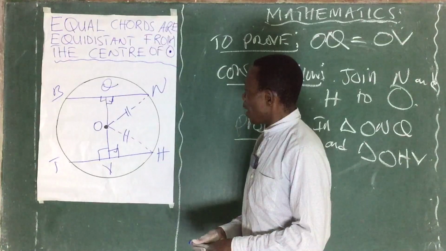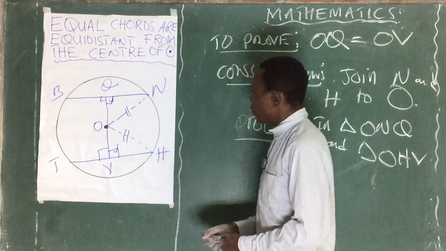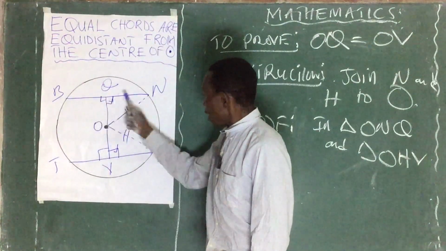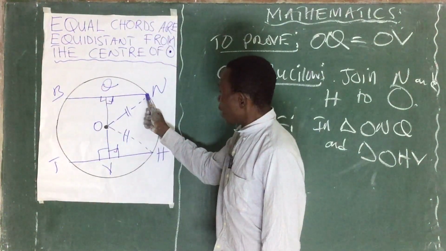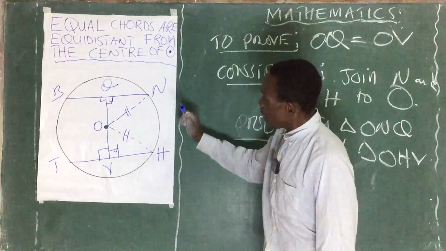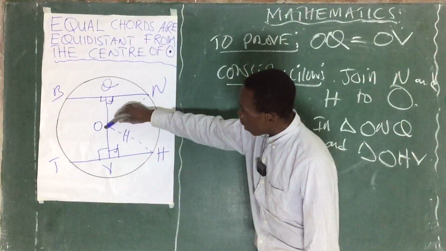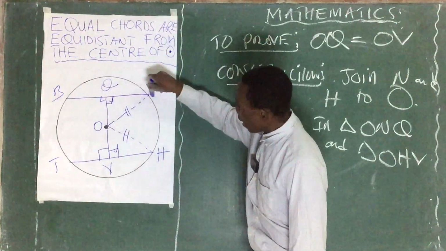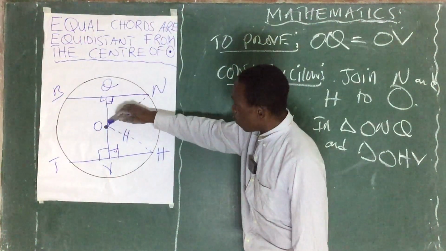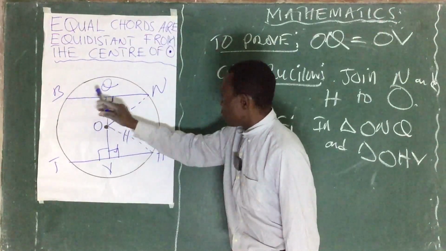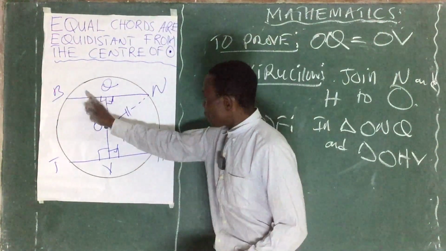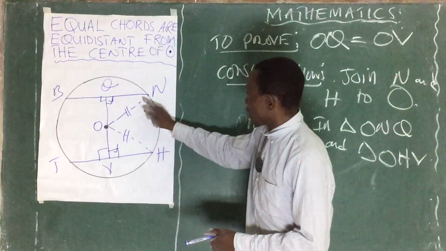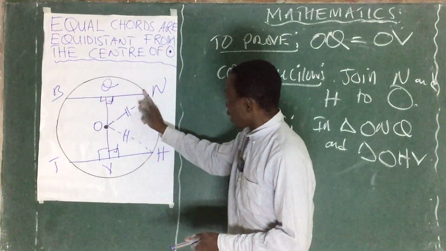And again, if I can go further to have the last classification of a side, I'll be able to see that if BN is a chord, having a distance OQ meeting BN at Q, I expect that OQ has to bisect BN. As such, this side, that's BQ, should be equal to what?